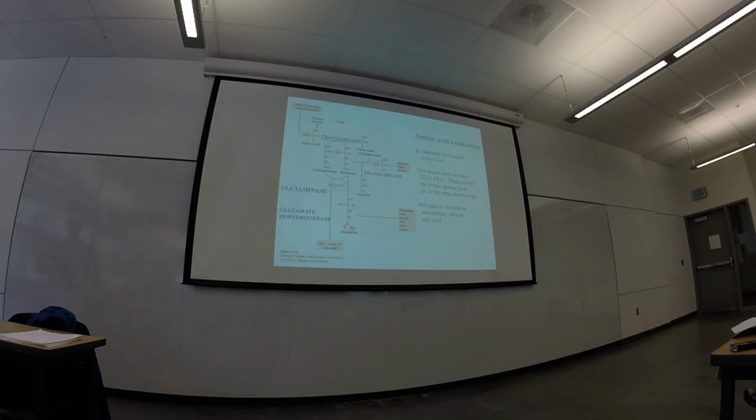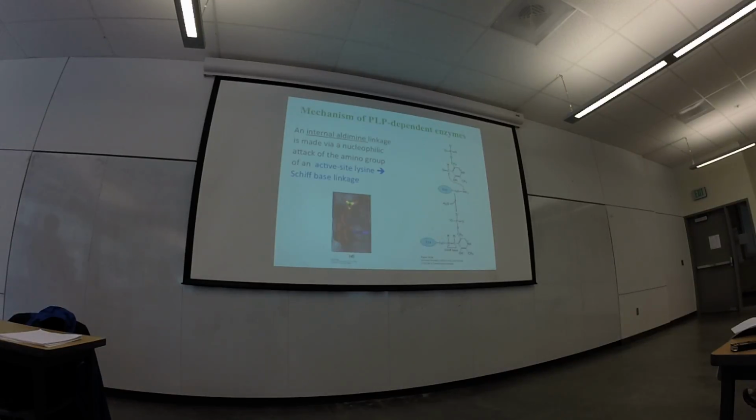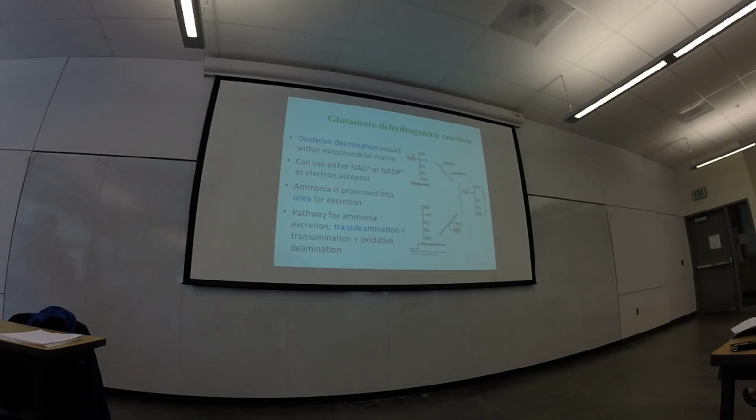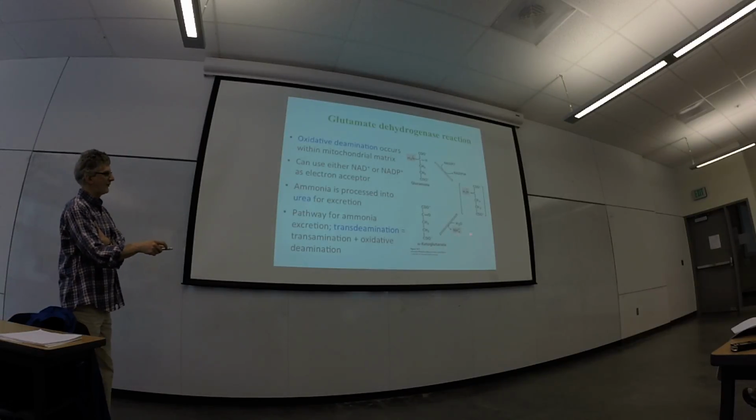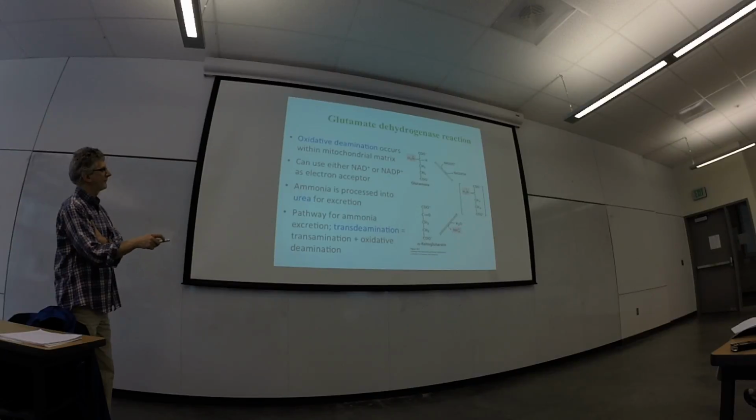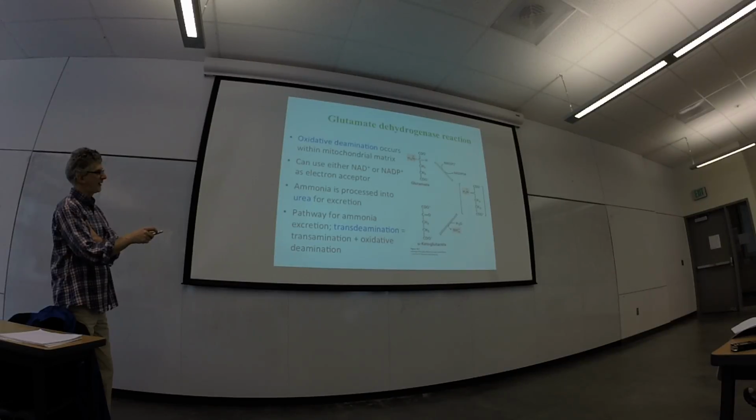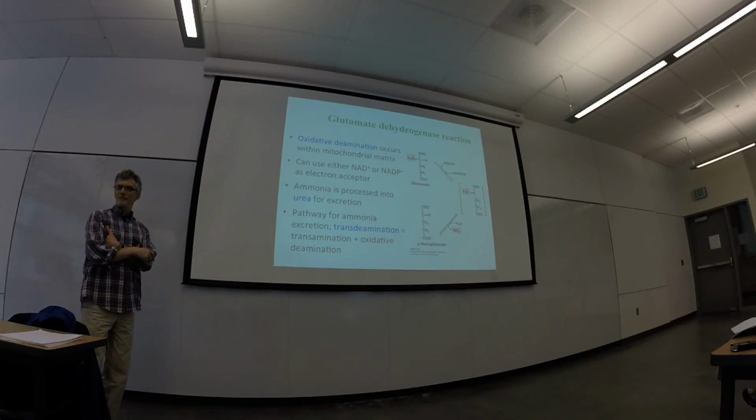If we take a transaminase reaction and then the glutamate dehydrogenase reaction, which is an oxidative deamination reaction, here's the ammonium coming off. It's an oxidative deamination because this carbon here is oxidized to here, and at the same time we're generating a reduced cofactor.